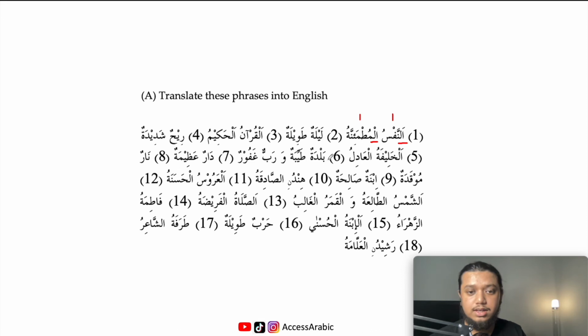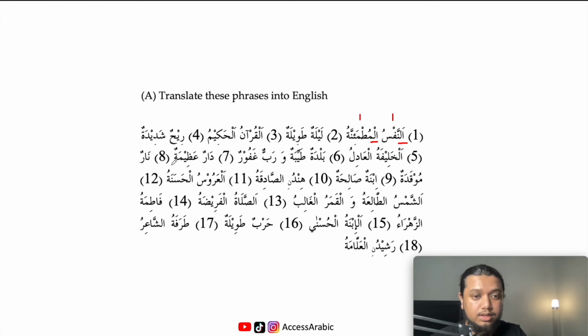Example number two, Laylatun tawila. Layla means night. Tawila means long. A long night. I translated it as a long night because Layla is indefinite. It is nakira. So number three is Al-Quranul Hakim, the wise Quran.